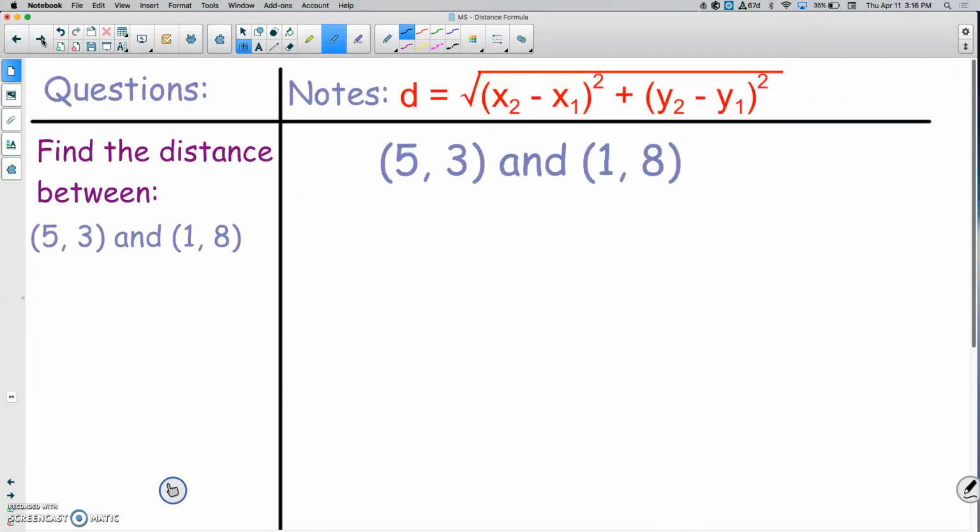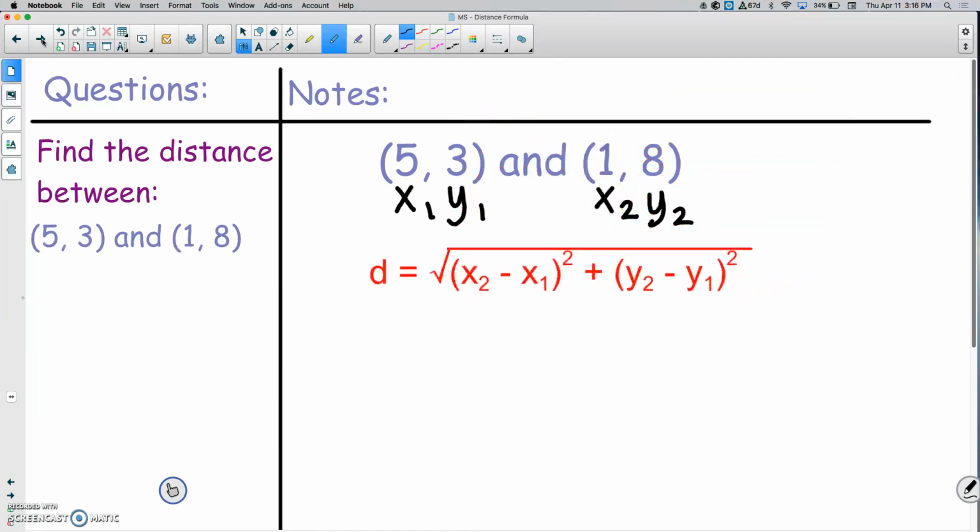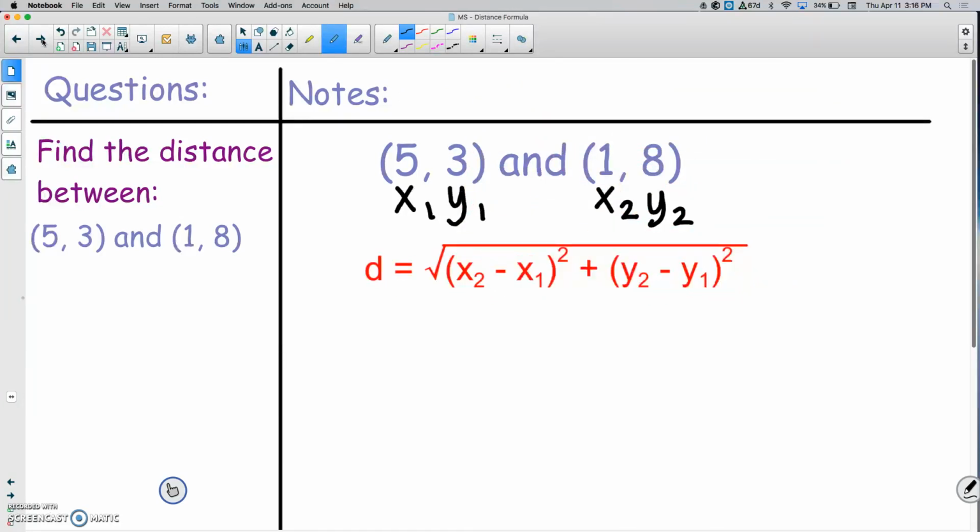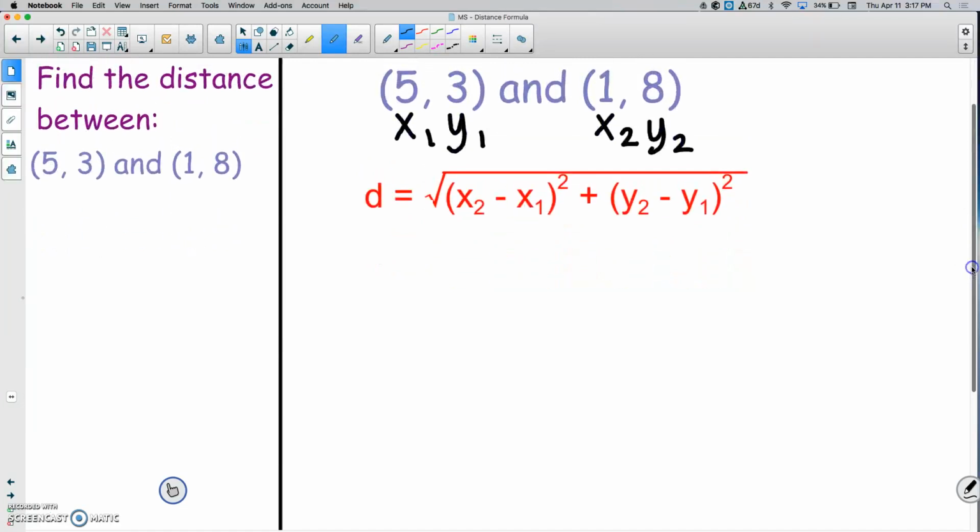All right, so our first example, I'm going to label the points first, x1, y1, and x2, y2. Okay, so now working with this distance formula, it's a big square root.